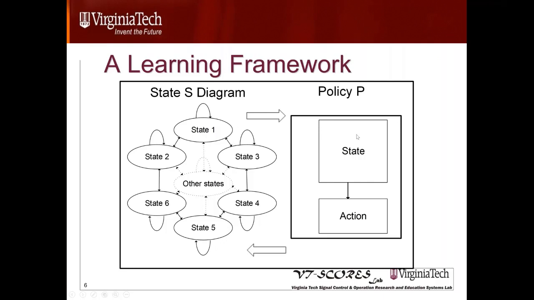But there is a policy also that interferes with the state transition here. The policy is basically defined as, if you are in a given state, what is the action that you are going to take? To give, again, a very simplified example related to the signal, if my policy was just to implement a fixed time signal where the signal is 50-50, either green or red, then the state transition probability is going to be defined based on that.